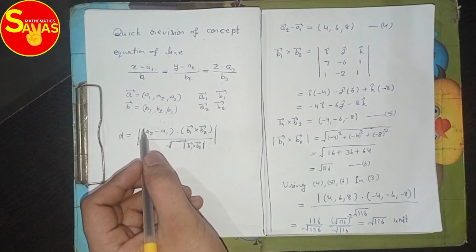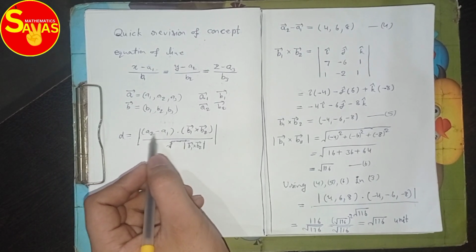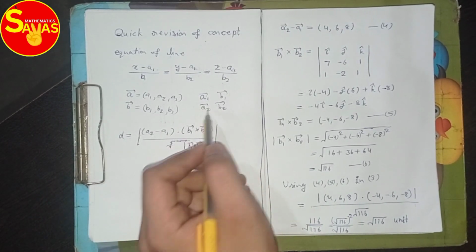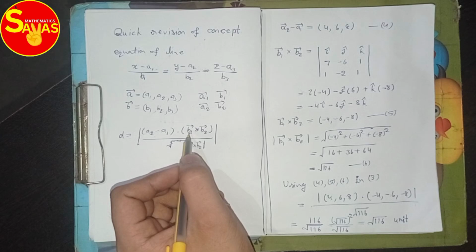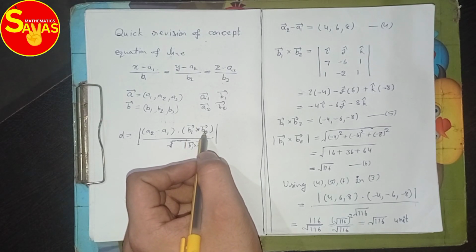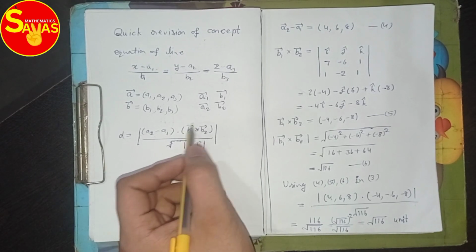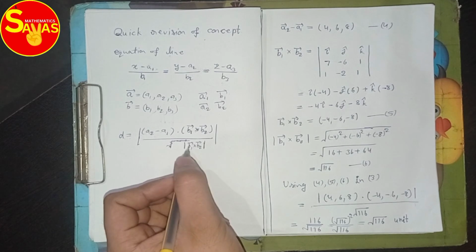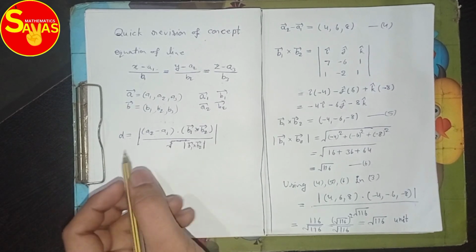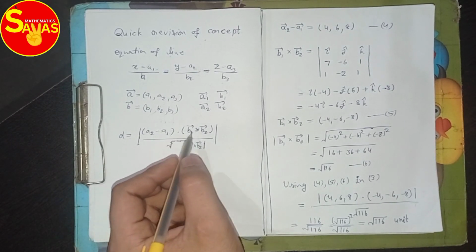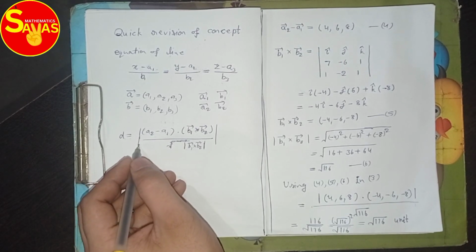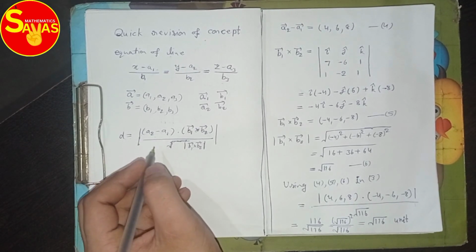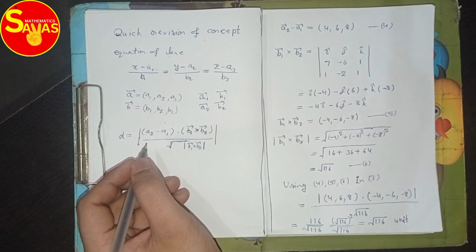So first of all, we need to find A2 minus A1, and after that, we need to find the cross product of the direction vectors B1 cross B2. After that we find the modulus value and put all the values in the formula, and we get the shortest distance between the two lines.